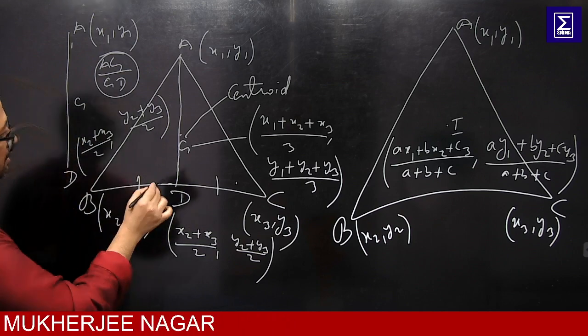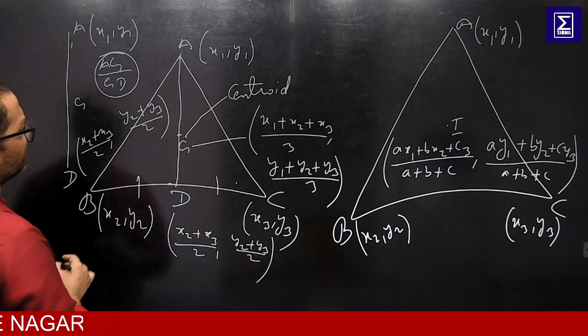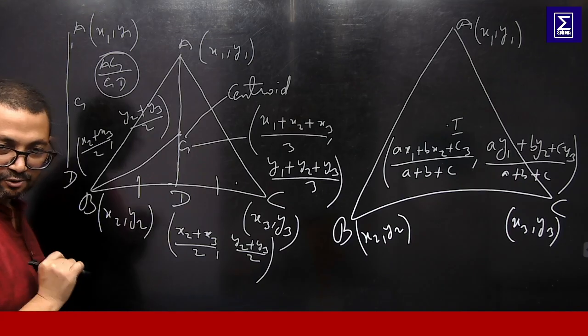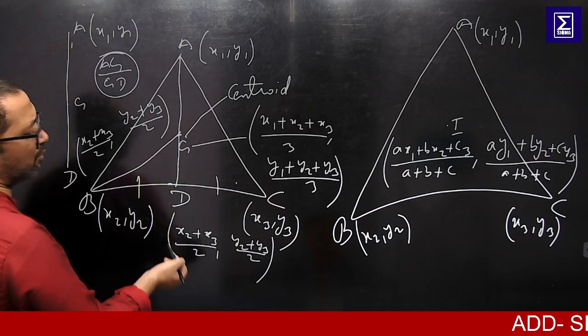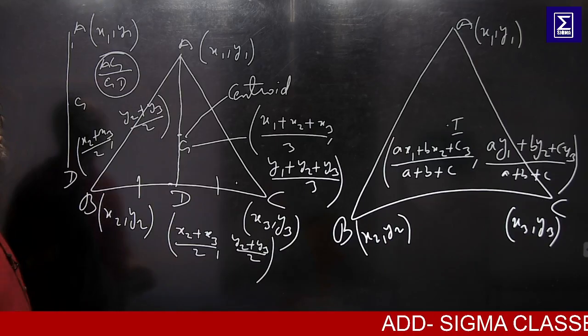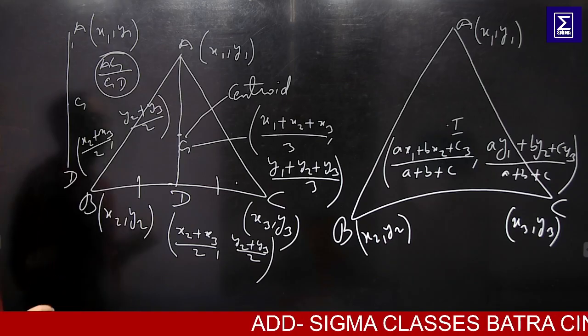So what is the way? See here, G is here, so if you join this, but even if you don't join, you don't need to join at all. Why? Because AG upon GD is already given. What is that? 2:1.